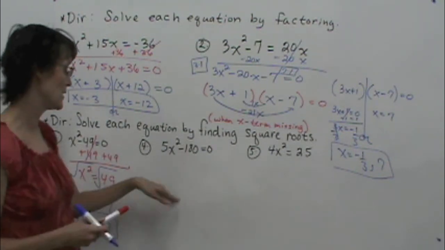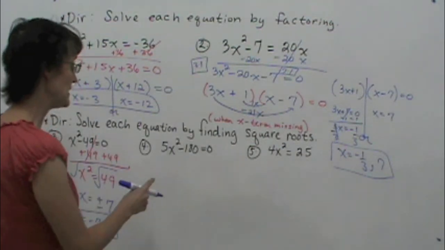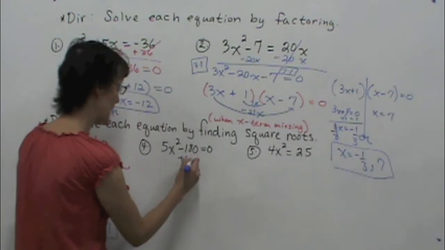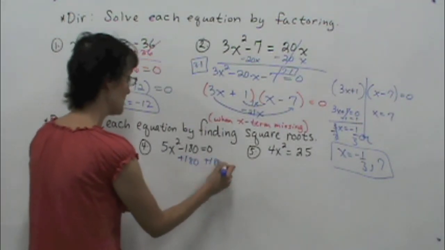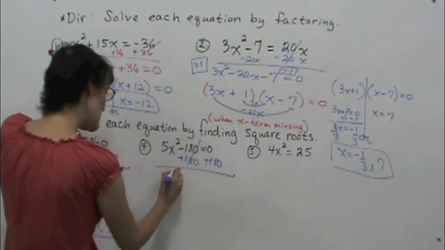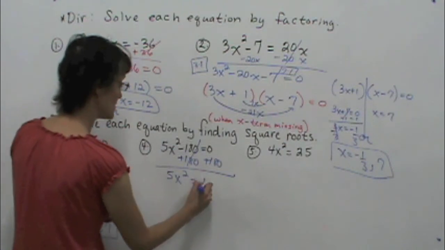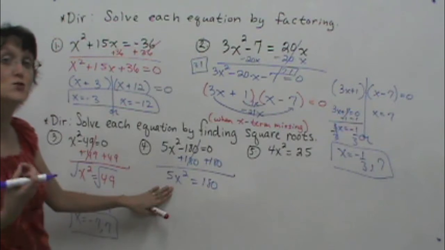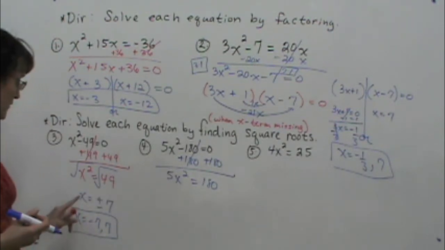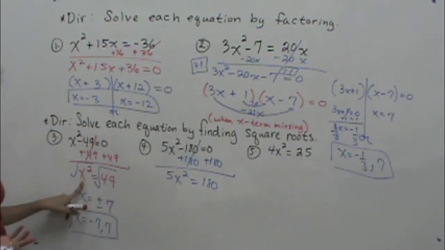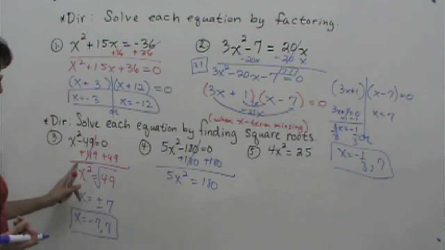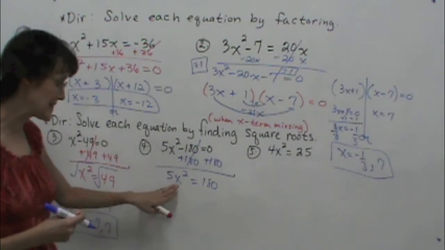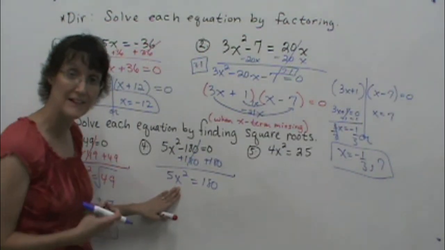Okay, then number 4. Same idea. Oh, great, the x term's missing. Woohoo! So let's go ahead and solve this. So we got plus 180. So then you've got 5x squared is equal to 180. Now, you have to divide by 5 first. You have to get that x squared term by itself first. See, it was by itself first here. The coefficient is 1. This coefficient is 5. So you need to get this x squared piece isolated first.